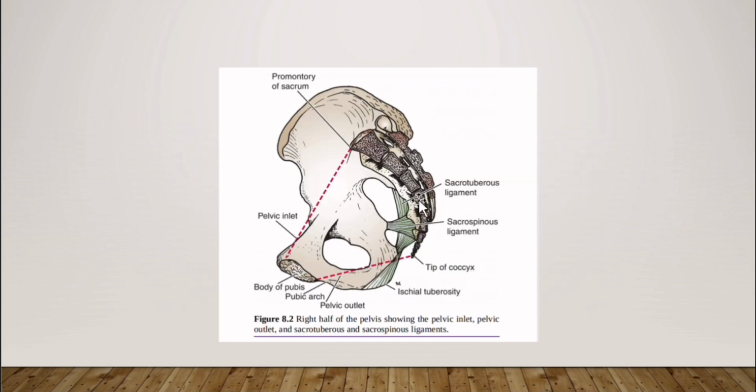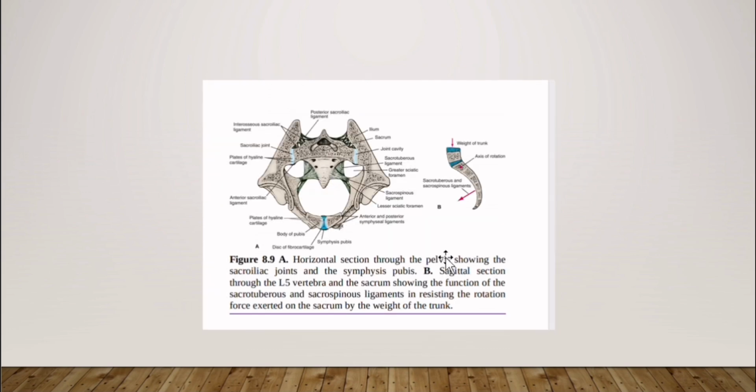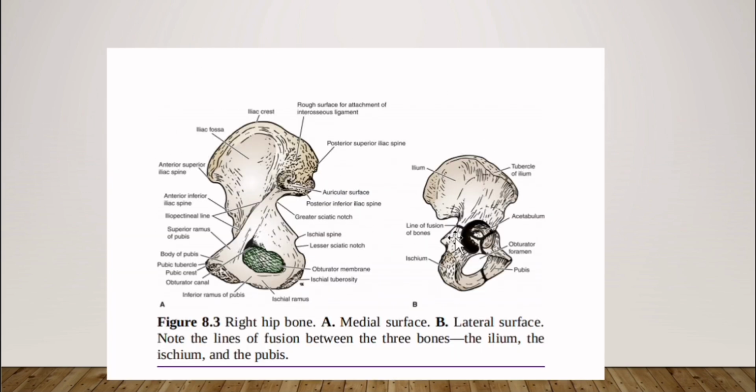So you see that most of these landmarks, I did not talk about them. So it's very important for us to understand the landmarks which we find on the hip bone. This is the hip bone. This is the medial view, its medial surface. This is its lateral surface. On the medial surface, we appreciate the iliac fossa for origin of which muscle?